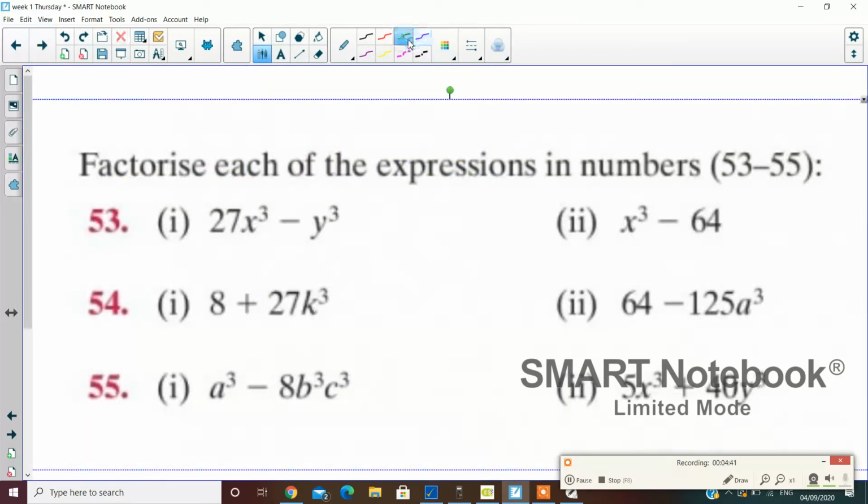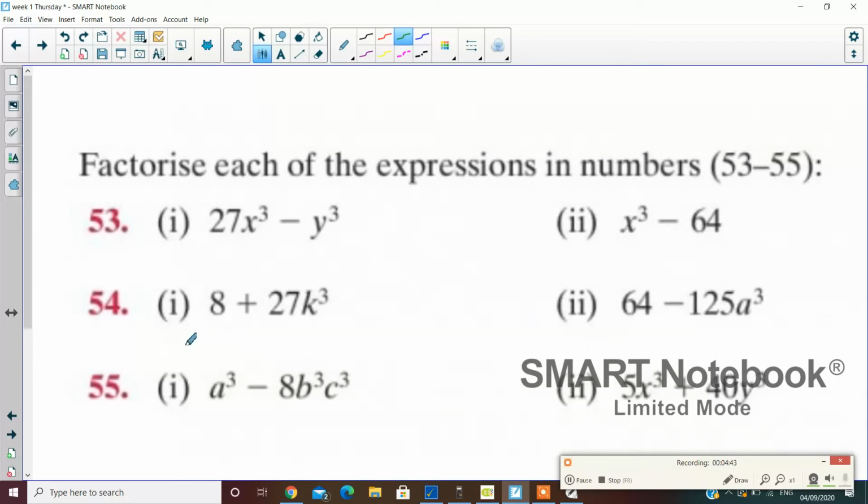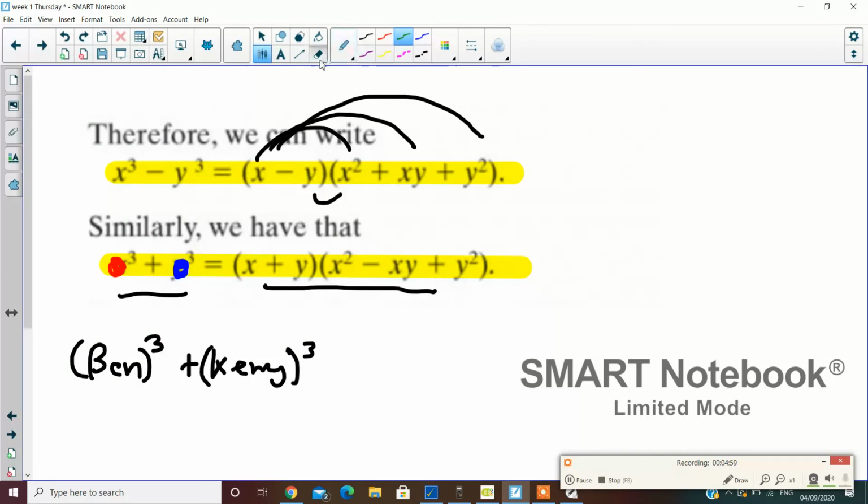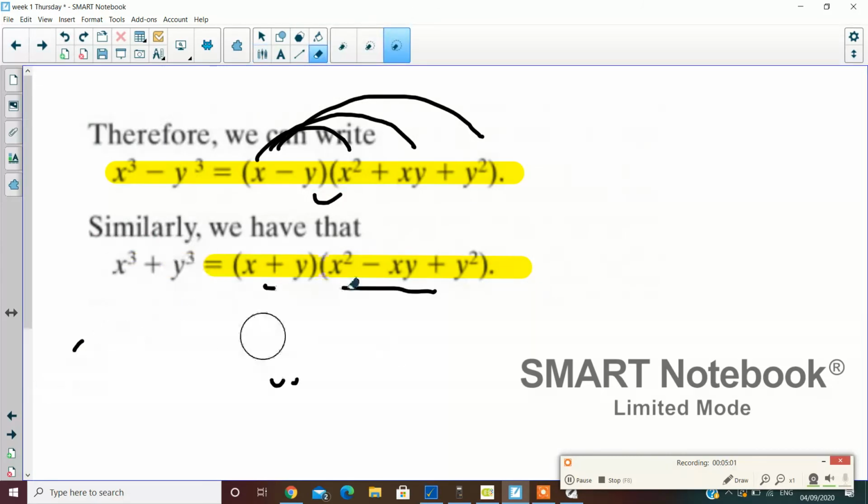Any one of these questions, let's say question 54 here, they're all cubed numbers. So look at this. This is gonna be 2 cubed, isn't it? And what's this one gonna be? 3k cubed. So it's 2 cubed and 3k cubed. So look at this.